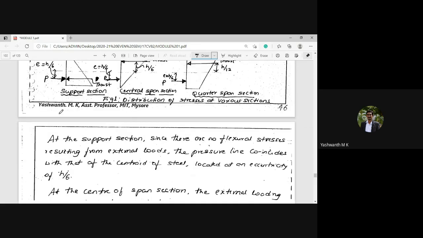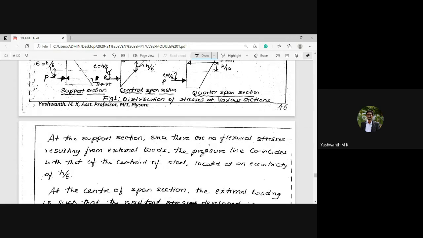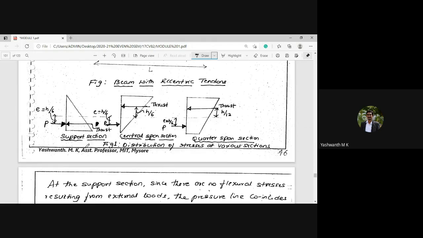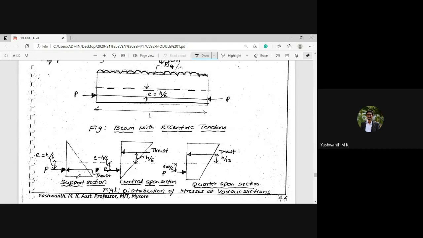So hence, apart from the stress distribution, one more thing: the pressure line coincides with that of the centroid of the steel, located at an eccentricity of h by 6. So please observe here. This is the stress distribution, and this will be the centroidal axis.